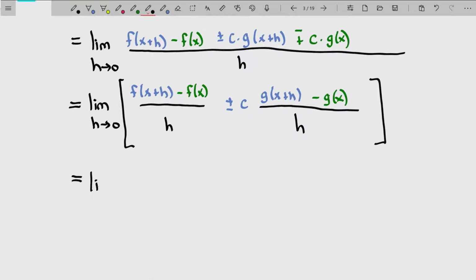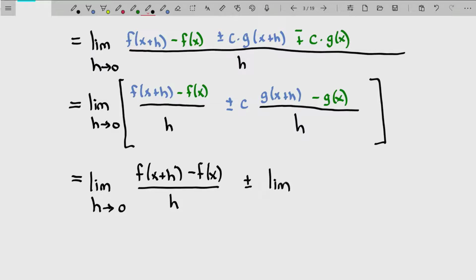This becomes the limit as h goes to 0 of f of x plus h minus f of x all over h, and then plus or minus the limit as h goes to 0 of c times g of x plus h minus g of x all over h.